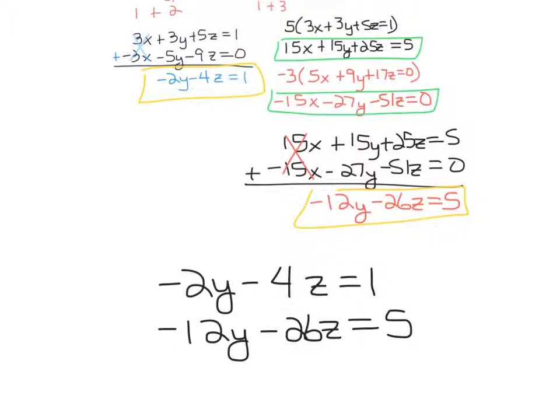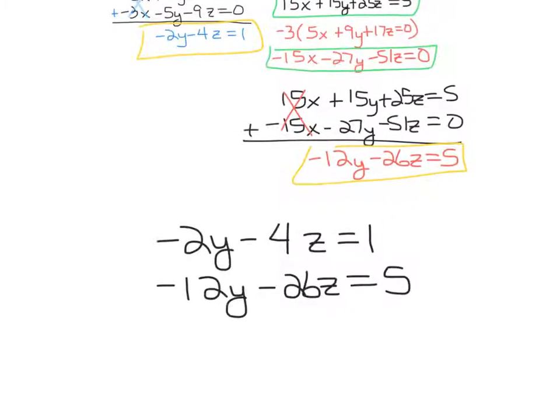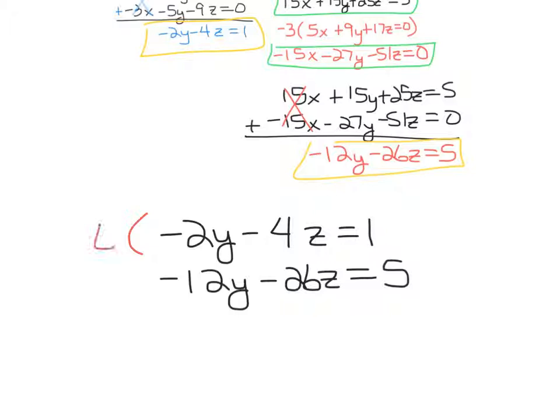I now need to decide what I'm going to eliminate. I'm going to eliminate y. So I'm going to multiply this equation by -6. I get positive 12y, positive 24z, and -6.